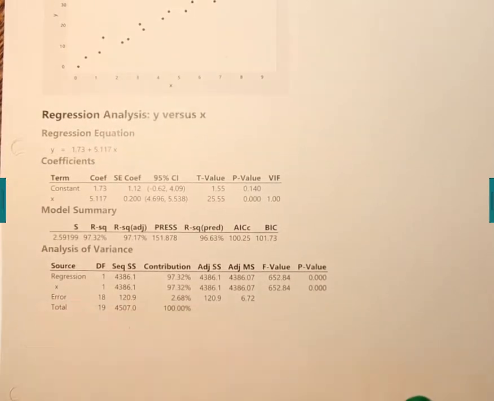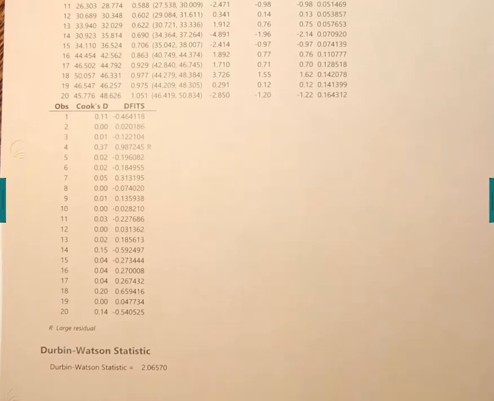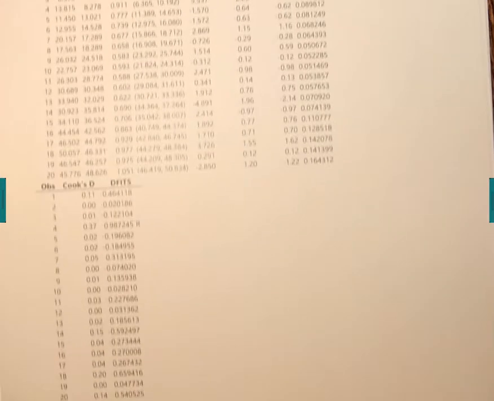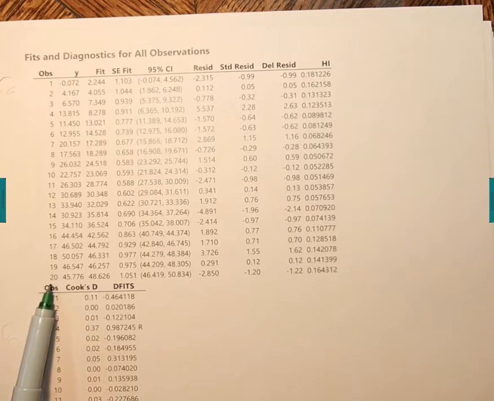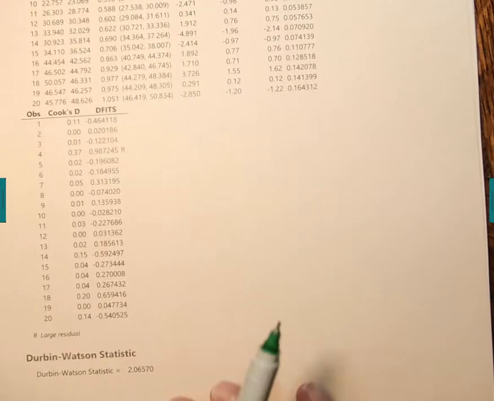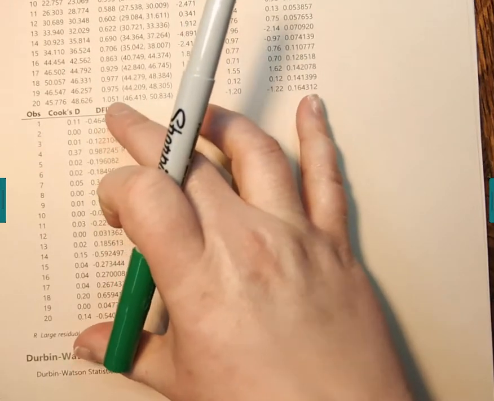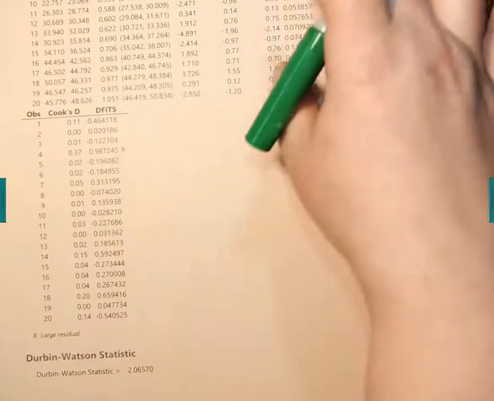All right, so here is our output for this data set 1. And then afterwards we have the fit and diagnostics for all the observations. Notice that this goes down to observation 20 because we had 20 observations for data set 1. And this second part down here, the table couldn't fit all the way going this way, so it just got moved down.